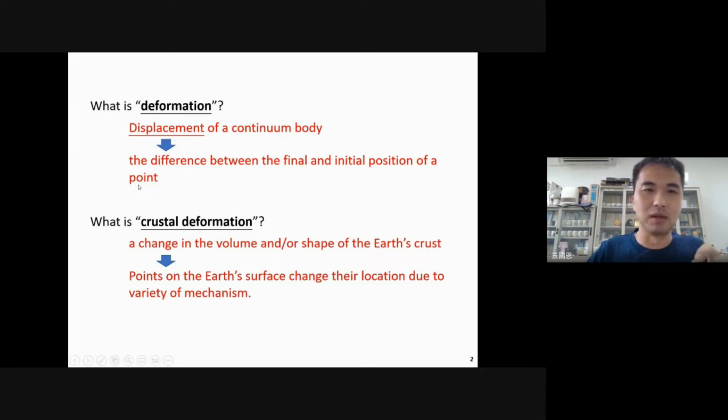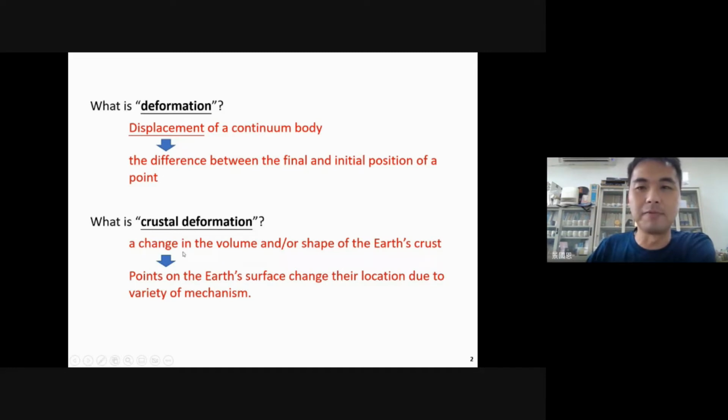We need to detect the motion of a specific point. This is the key when we talk about deformation or monitoring of crustal deformation, and I will emphasize this later.